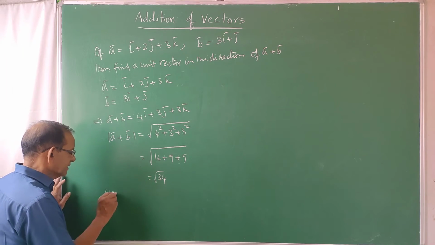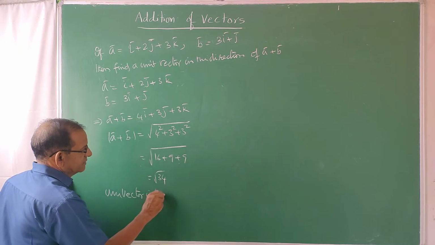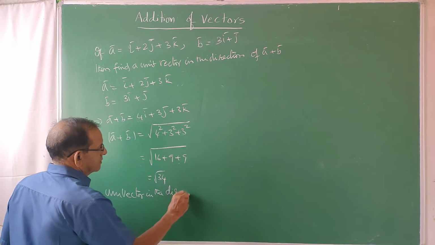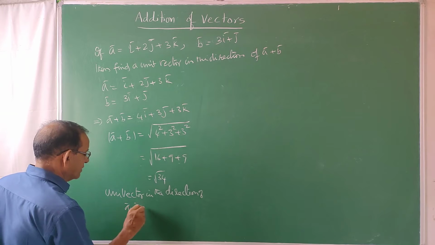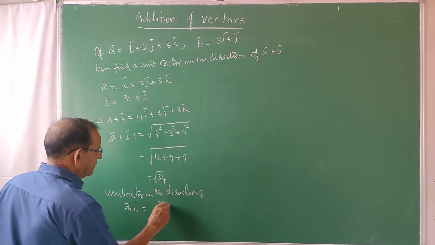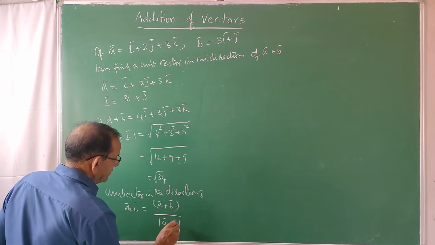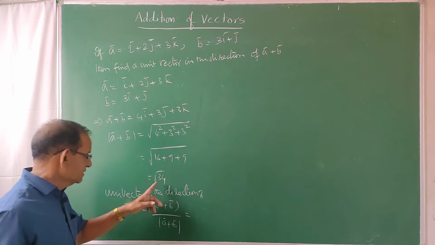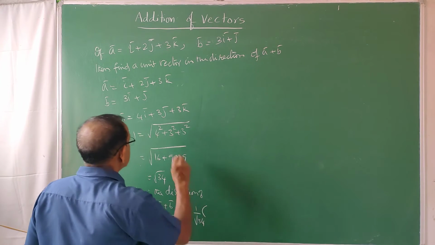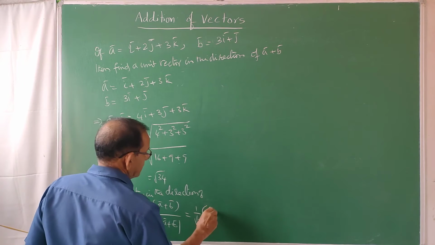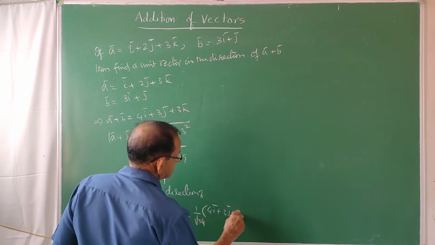So unit vector in the direction of a bar plus b bar is equal to a bar plus b bar by modulus of a bar plus b bar, that is modulus is root 34, that is 1 by root 34 into, this is a bar plus b bar, 4i bar plus 3j bar plus 3k bar.